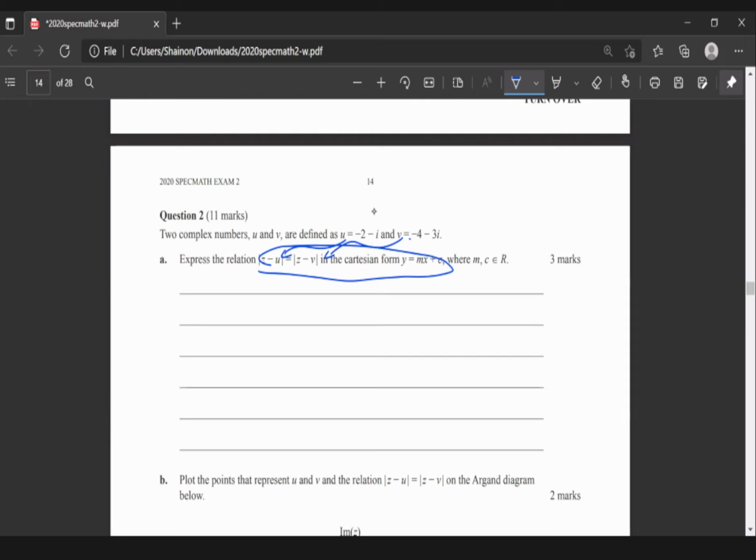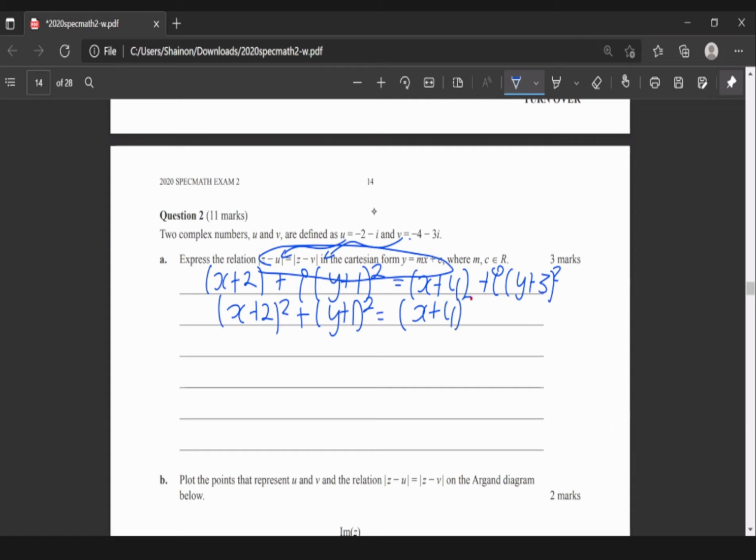If you do it by hand, you should get x plus 2 plus i squared, so then you should get this squared equals. And then using CAS to simplify this, you should get y is equal to negative x minus 5.